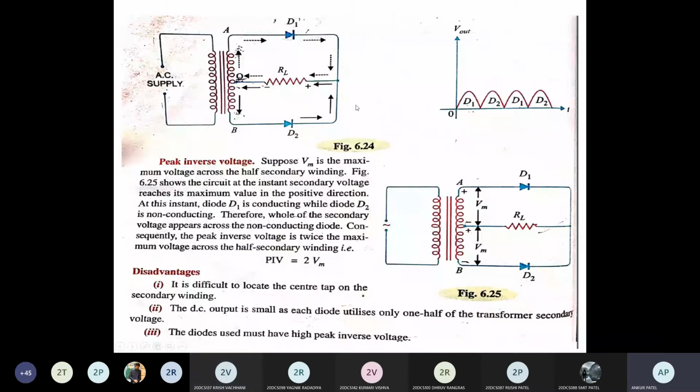From 0 to 180 we have positive cycle. D1 will allow the current to flow through, and D2 will not allow the current to flow. Because D1 would be in forward bias, and D2 would be in reverse bias.